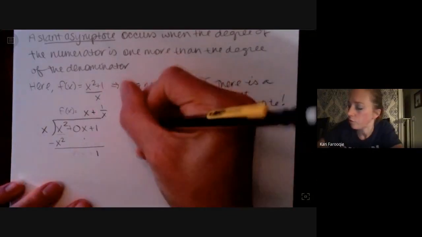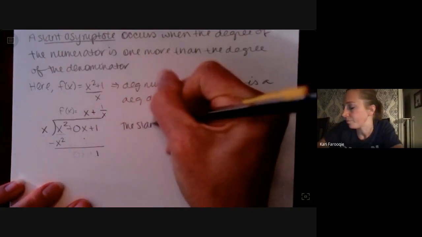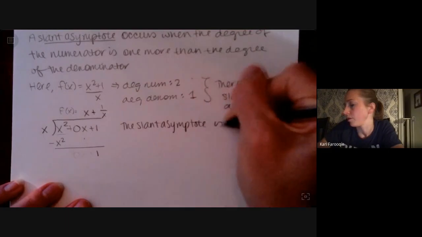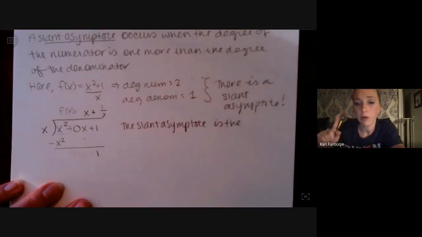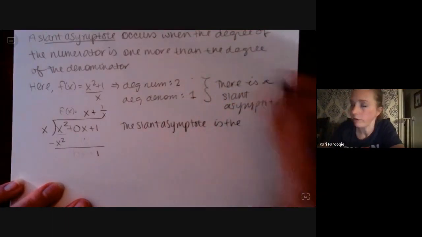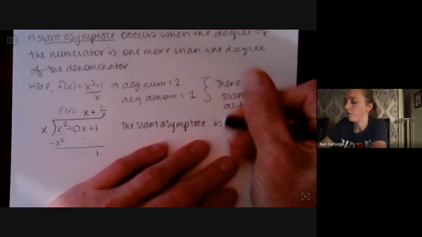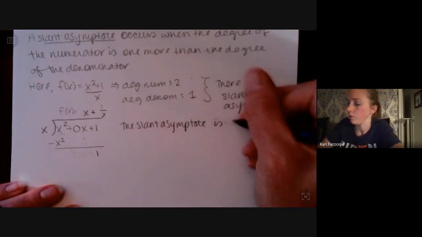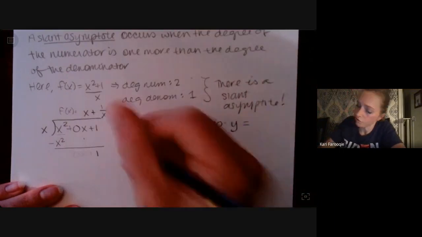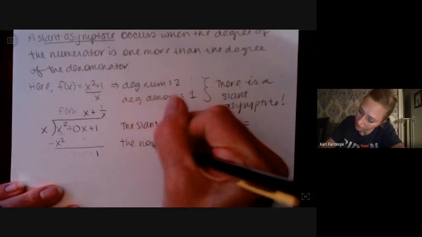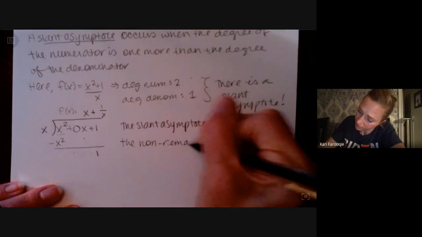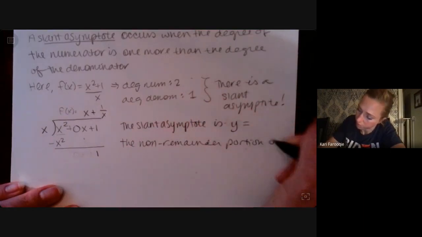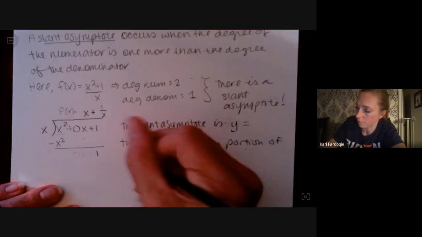The slant asymptote is the non-remainder portion of the quotient. Let's see, I don't want to say that. The slant asymptote is y equals the non-remainder portion of the quotient.